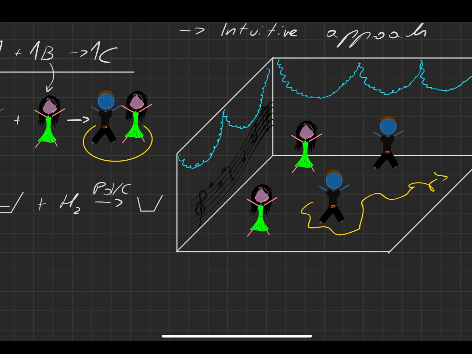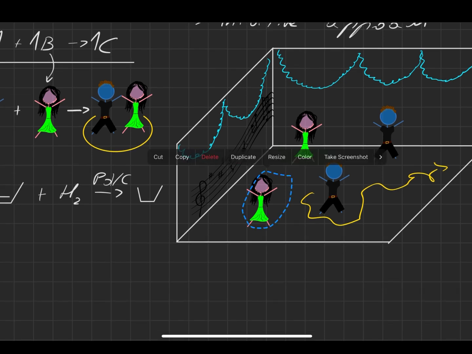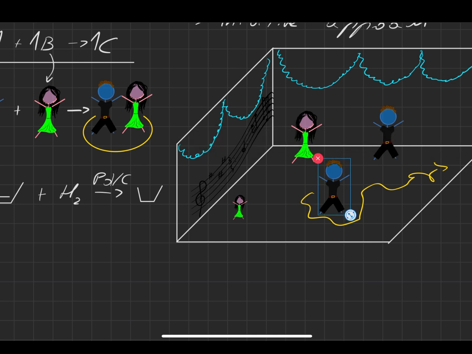If you kind of try to scale down the image, let's try to imagine that they are much smaller in relation to the whole ballroom, and for them to stumble upon each other and start dancing together is not very likely. Now, what can we understand as temperature?